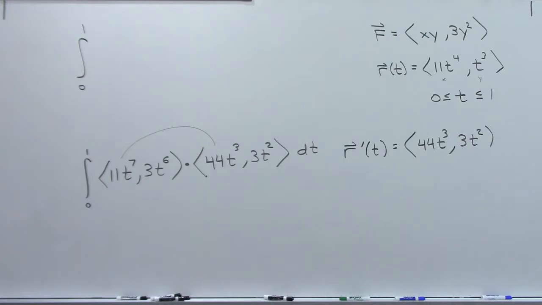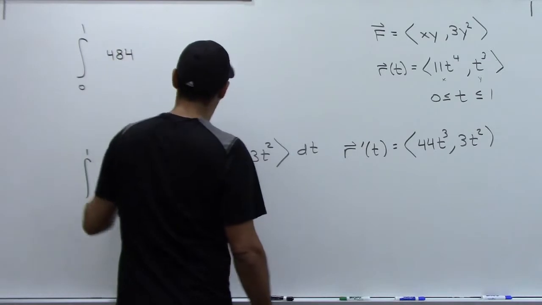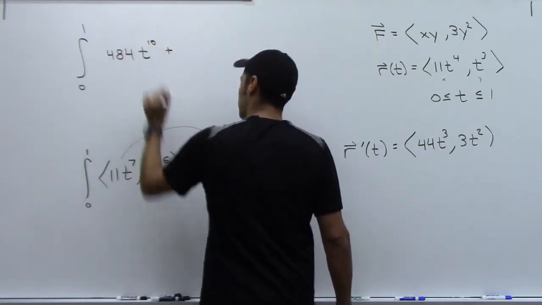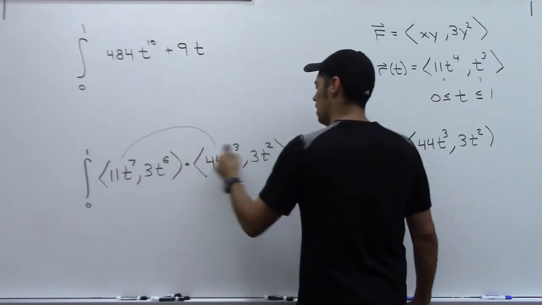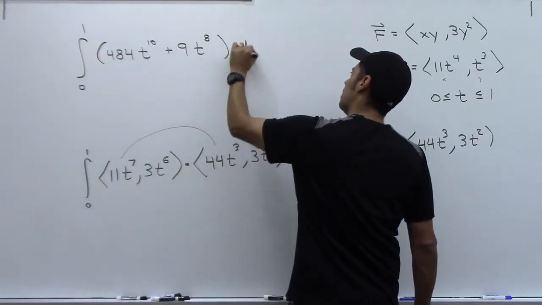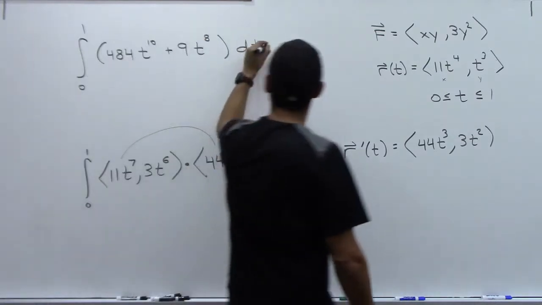So 484 t to the 7th times t cubed is t to the 10th, plus 3 times 3 is 9, t to the 8th dt. The answer should come out to be 45. I won't do the rest of that.